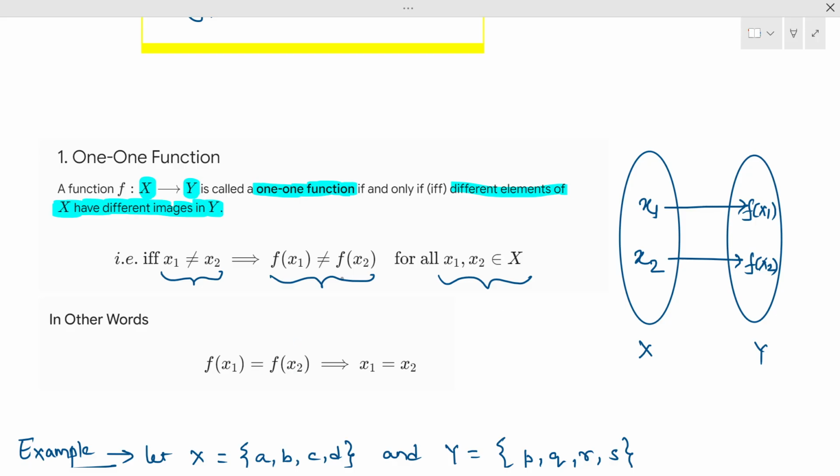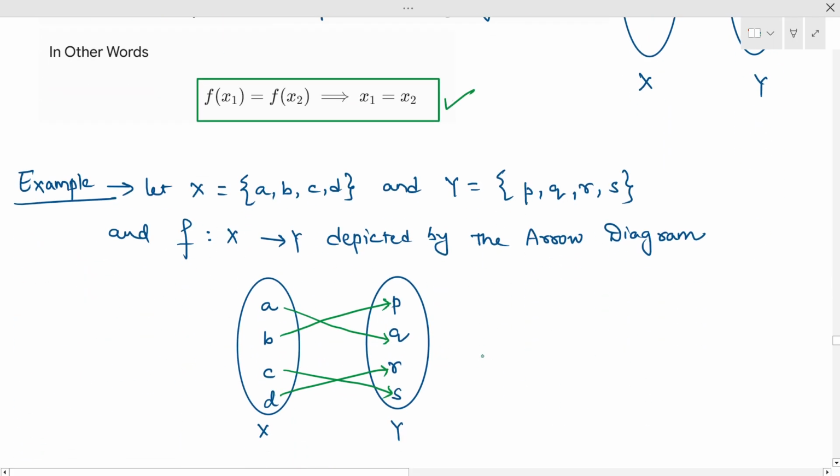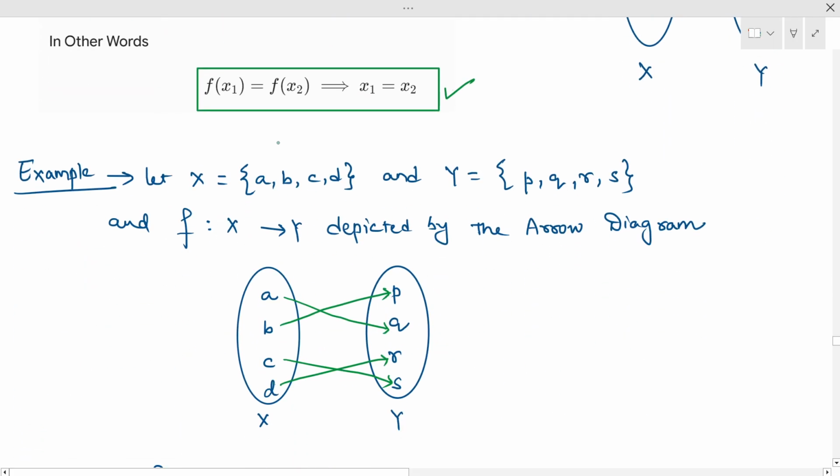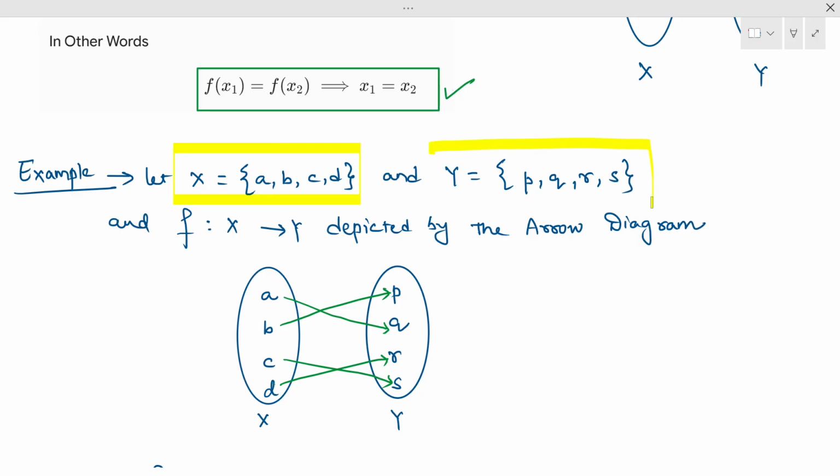In other words, if f(x1) equals f(x2), this will imply that x1 equals x2. This is very helpful in proving whether a function is 1-1 or not. You can see the example here. We have taken the set x, which contains the elements a, b, c and d, and the set y, which contains the elements p, q, r and s.